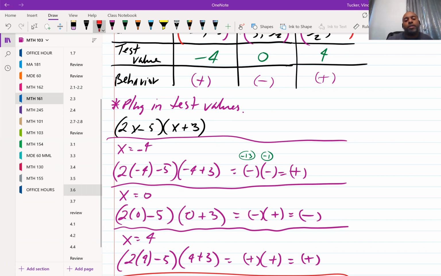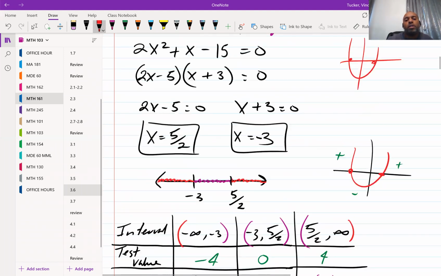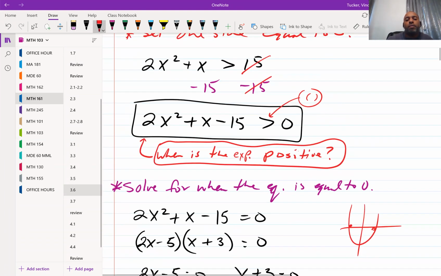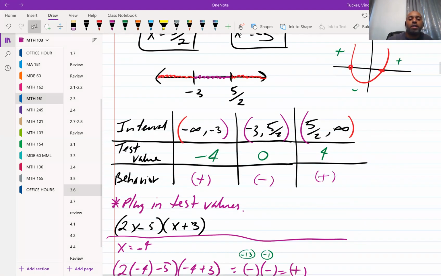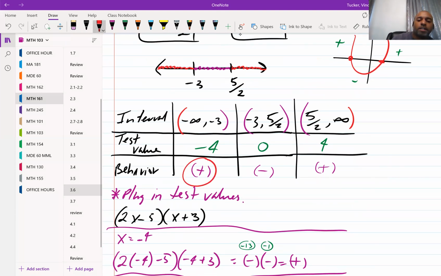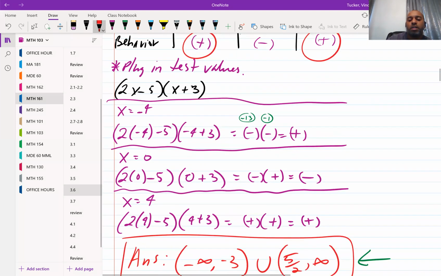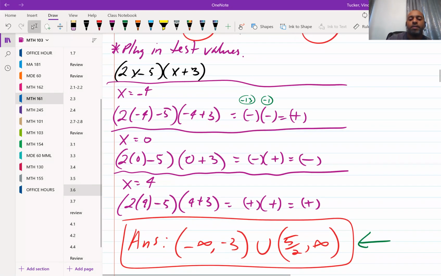So now to figure out what our answer is, we go back to our original problem. Now I'm scrolling back down, of course, but we want to know, when is it positive? We have greater than 0. So when is it positive? So we go back to our chart. It is positive here and here. So that represents those top intervals of -infinity to -3, 5/2 to infinity. And so that's our answer.